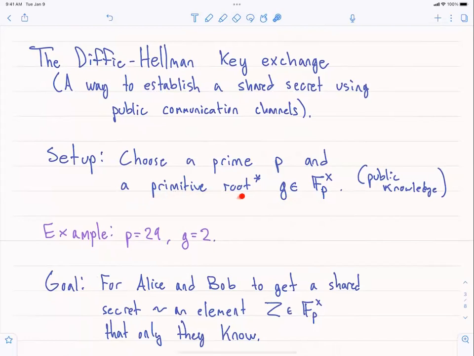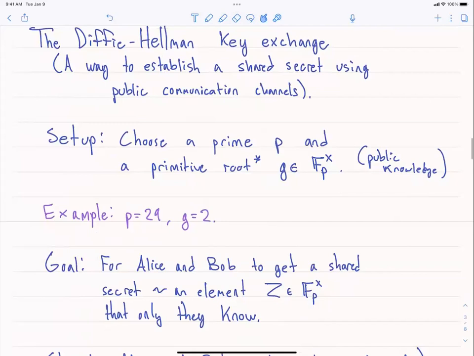You can ignore what that is right now. I'm going to come back to that at the end of today, and we'll talk about it more during the work session on Tuesday. For now, you can just think of some arbitrary element of F_p cross. A concrete example to keep in mind as we go through everything will be p is 29 and g is 2, so 2 thought of as an element of F_29, or Z mod 29Z.